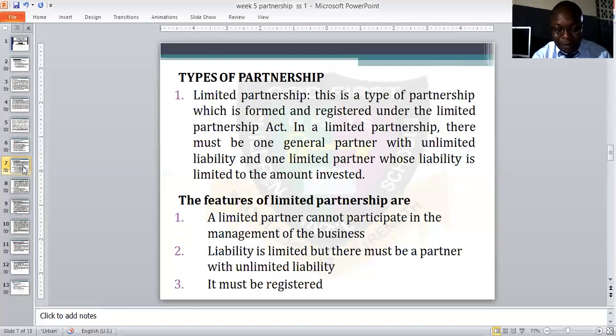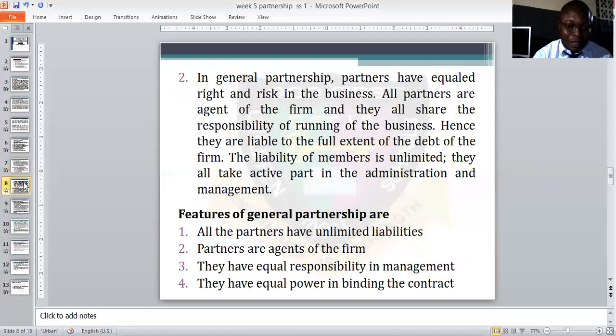Then liability is limited, because that partner is not part of the management. It must also be registered if it's a limited partnership.